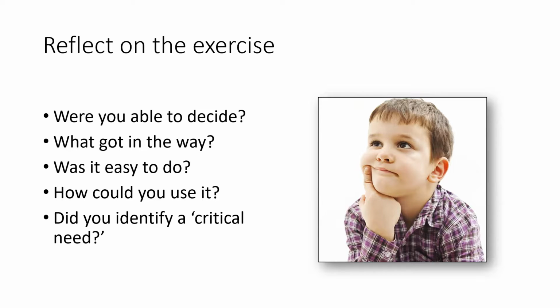If so, were you careful to make sure that this was a life or limb need? If you are unsure how you interpreted critical need, please read the guidance to the use of critical need in the practice resources. You can record your observations in your workbook.